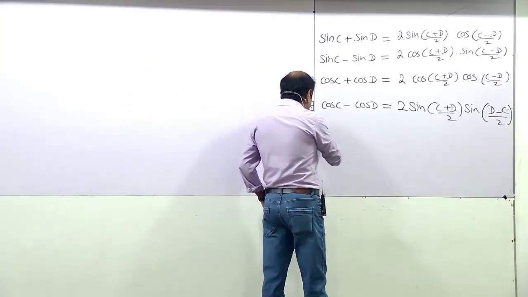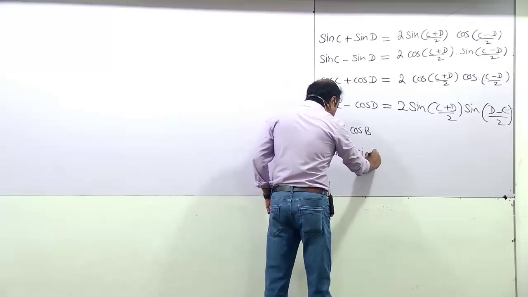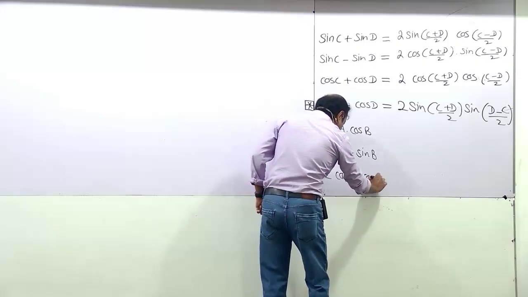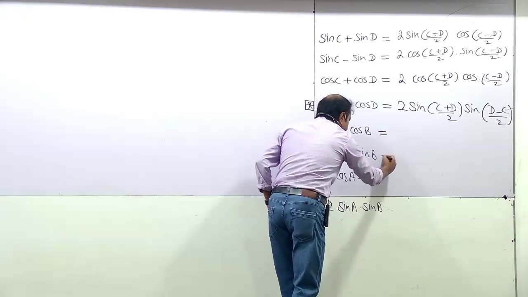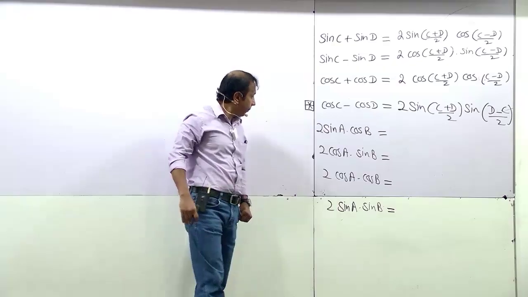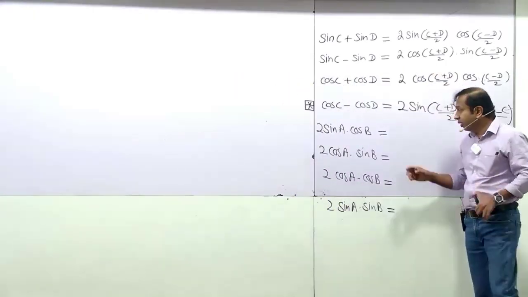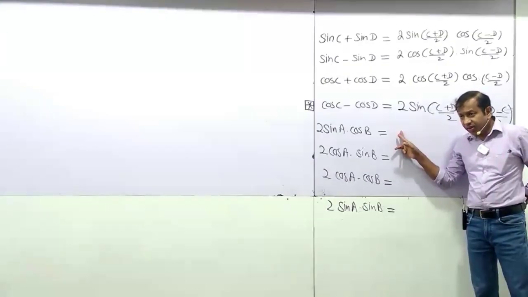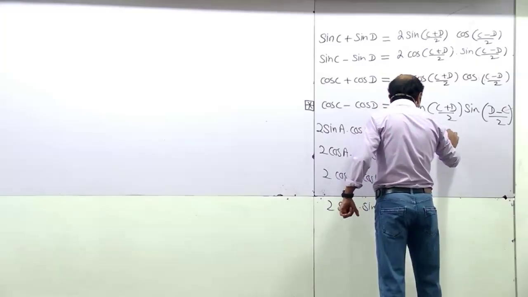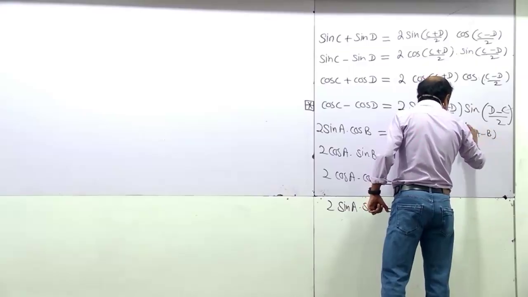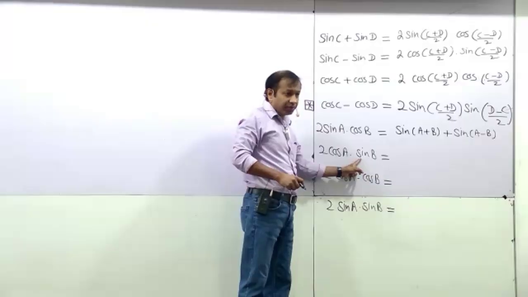Tell me these 4 product formulae: 2 sin A cos B, 2 cos A sin B, 2 cos A cos B, 2 sin A sin B. To 2 sin A cos B, what is this? 2 sin A cos B comes as sin A plus B plus sin A minus B. Once these two interchange, that means cos comes here, sin comes here, then what happens?